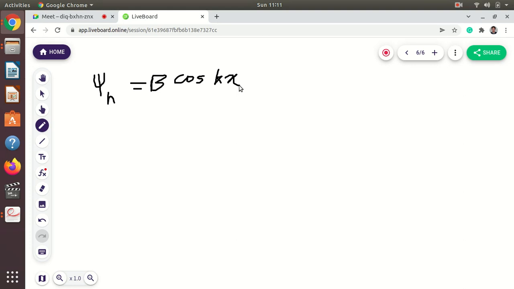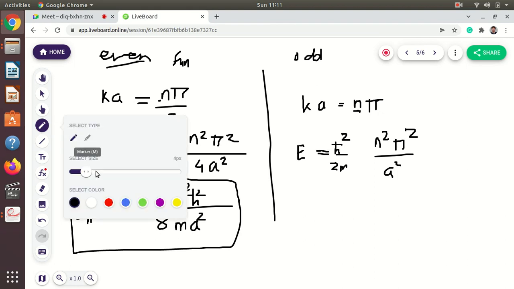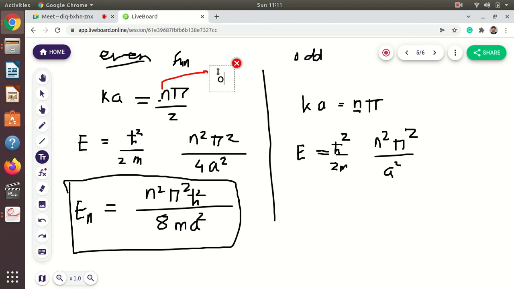But for this, what happens if n is equal to 2? If n is equal to 2, then this 2 and this 2 will get cancelled, and this will be cos pi. So cos pi is not 0. So this n has to be odd to get this even function. If n is even, then 2 and 2 get cancelled and this becomes pi or 2 pi.